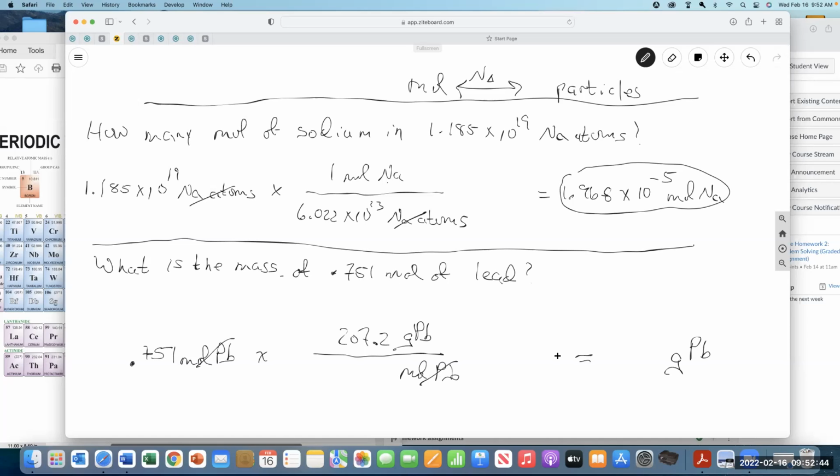And so then we do the math. All right, so this comes out to be 156. So this showed I can go from moles to mass using the molar mass. I see something in the chat.